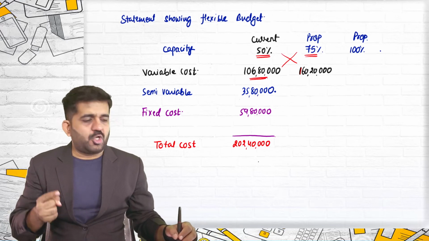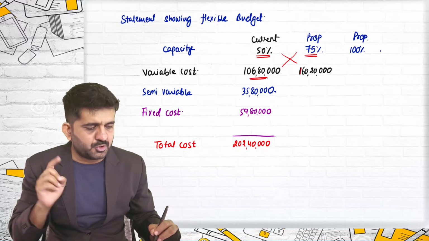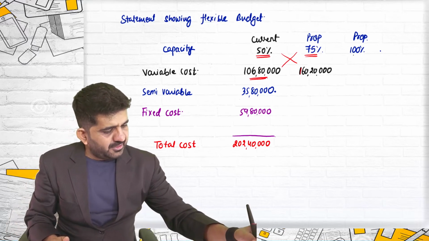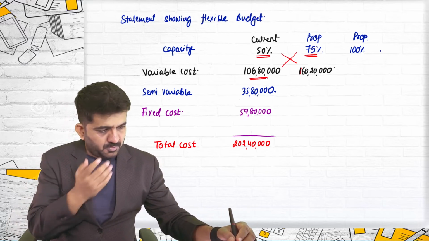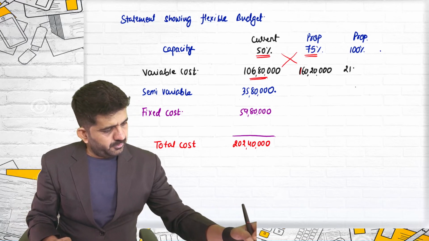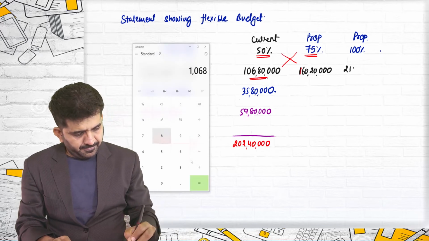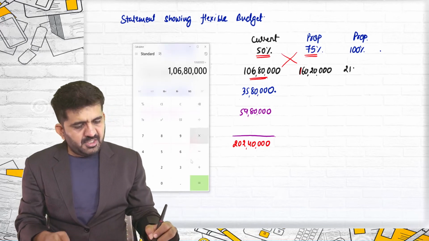Similarly, 100%. Sir, should I do cross multiplication with 75 or 50? You do it with anyone. Your answer is going to remain the same. At 100%, your variable cost will be 106 lakh 80,000 multiplied by 2, right?